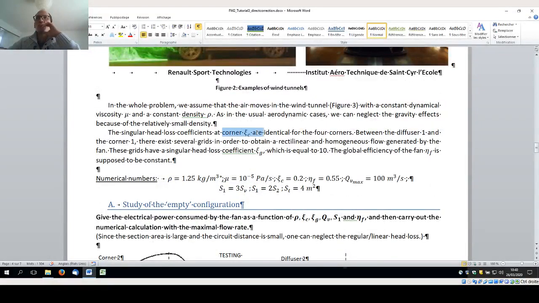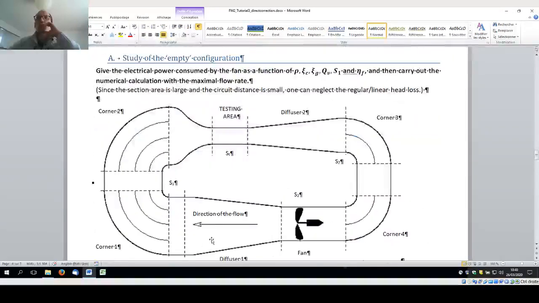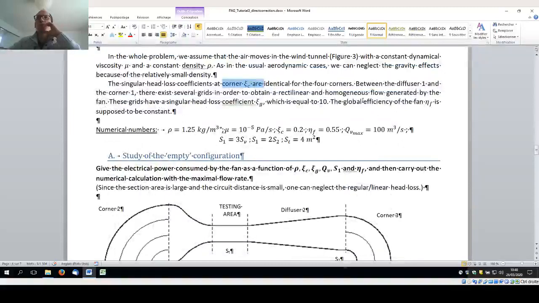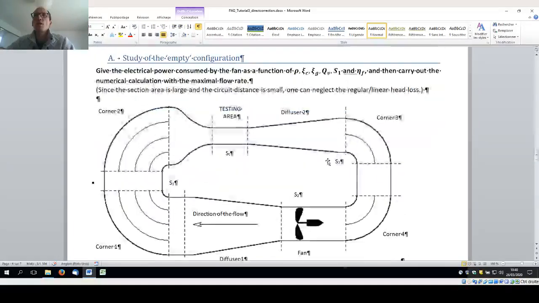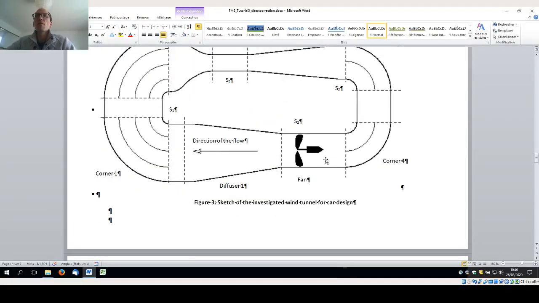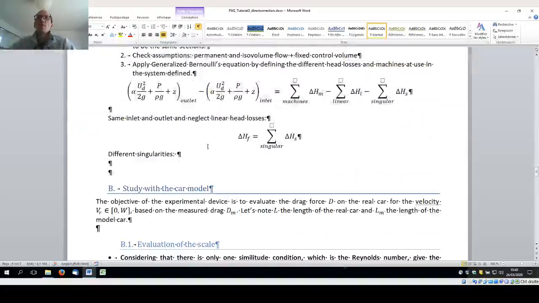You have the different corners. You have some grids between diffuser 1 and corner 1, and that should be it. So we have 4 corners and the grids.